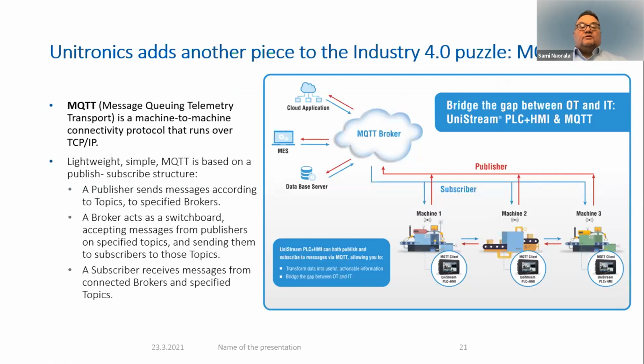It's actually not so new a thing. It was developed in the late 1990s, and that's something very popular right now. That is made easy for the Unitronics UniStream users and available for the Vision or Samba users.